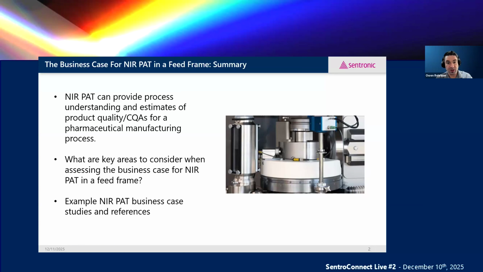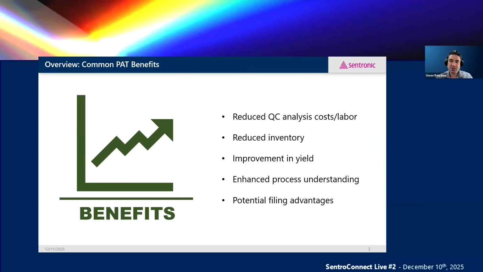We'll also discuss some of the cost and risk associated with implementing it and ways to evaluate whether or not using NIR PAT in a tablet press feed frame makes sense for your application. We'll go through some example business case studies where this has been done successfully, and then we'll have some time for some questions.